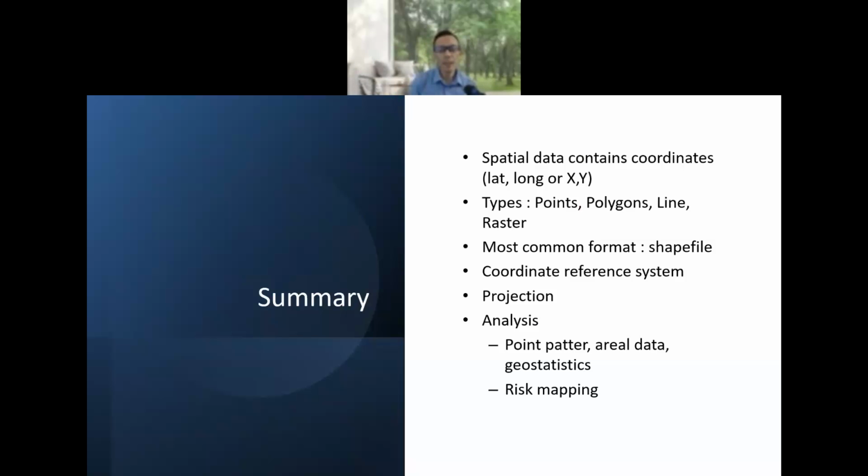in the formula, because all these are basically mathematical formulas. So yeah, that's the problem, and then understand projection. What is WGS 1984? What is Kertau RSO Malaya meter?